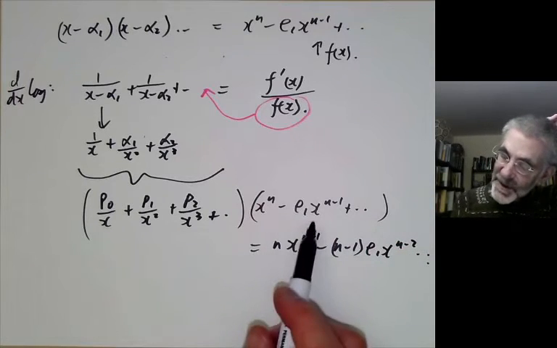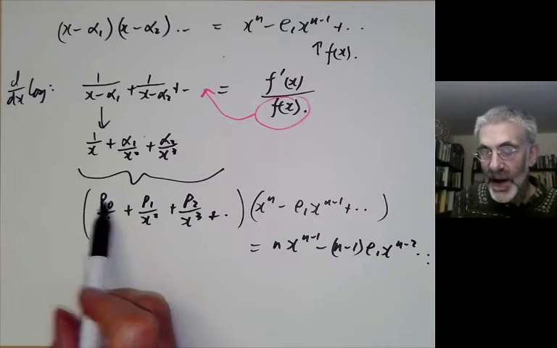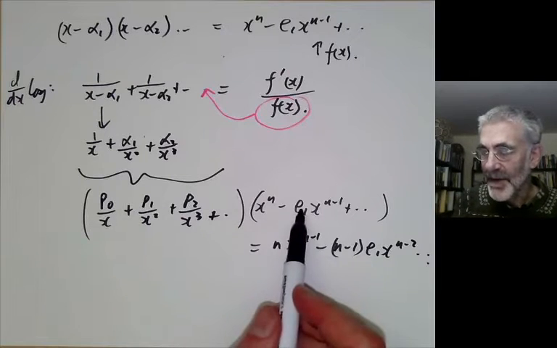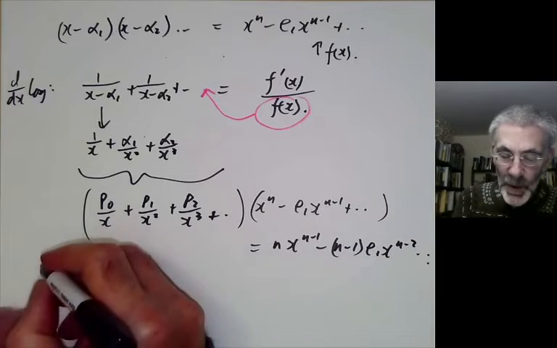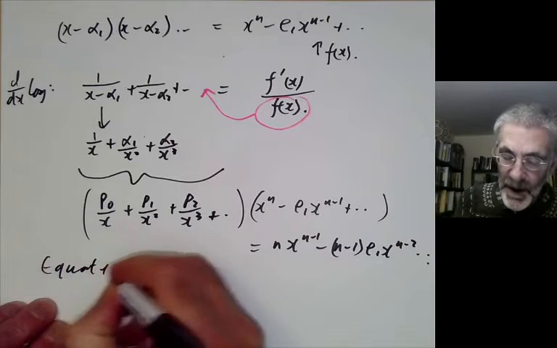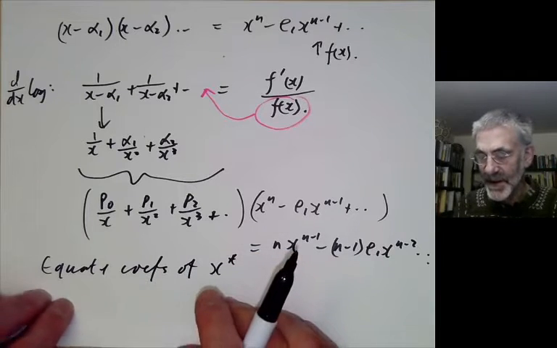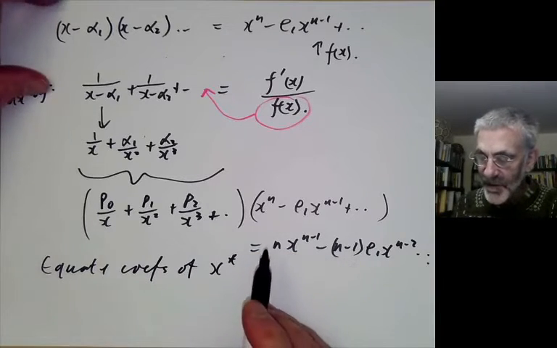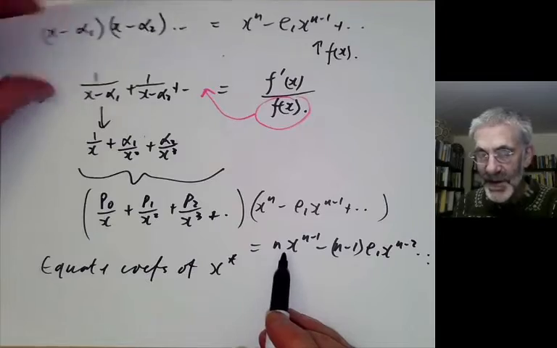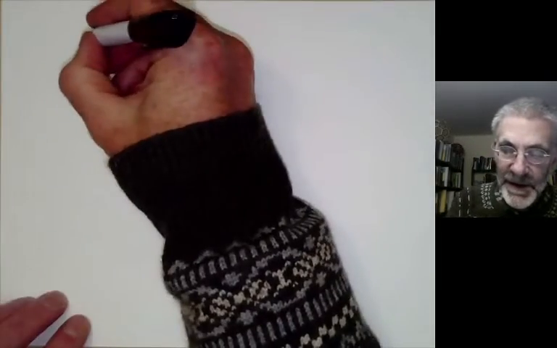So now we've got a relation between the pi's that we were trying to find and the ei's that we wanted. And all we have to do is we equate coefficients of x to the power of something on both sides, and let's see what we get. Well, if we look at the coefficient of x to the n minus 1, nothing very exciting happens.